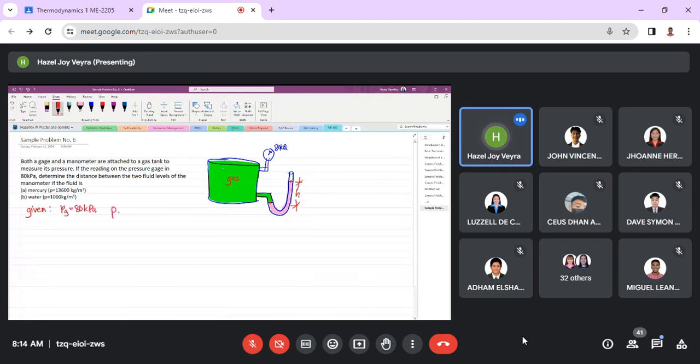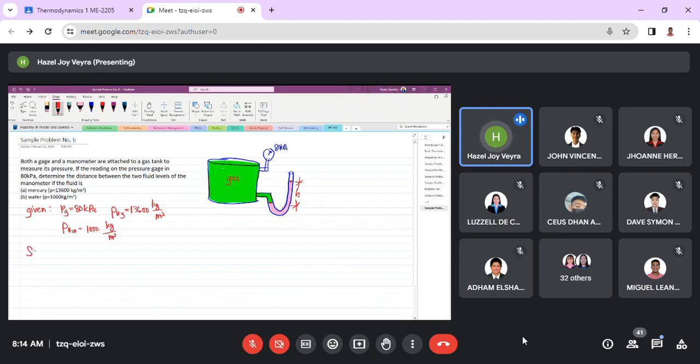We have the density of mercury, which is equal to 13,600 kilogram per meter cube, and we're also given the density of water, which is equal to 1,000 kilogram per meter cube.